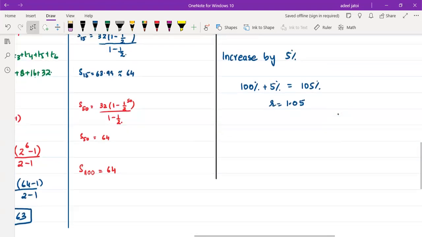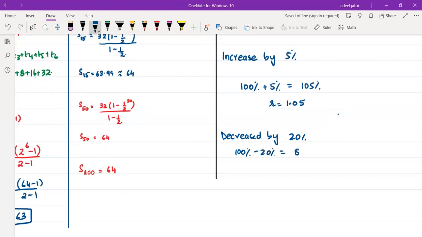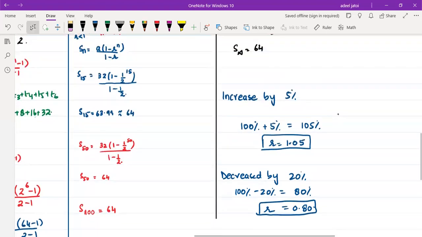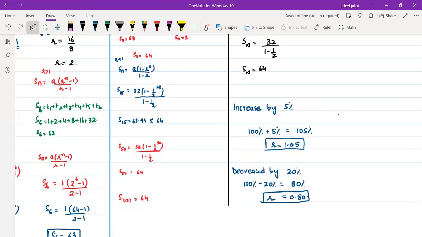If we say decrease by 20%, your normal percent is 100%, minus 20%, that means you will end up having 80%. So R is 0.80. This is applied when the ratio is given through the percentage. And in the question, it can be given through an investment or interest that can be tested by the examiner.